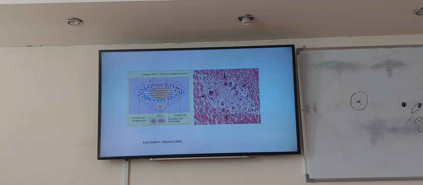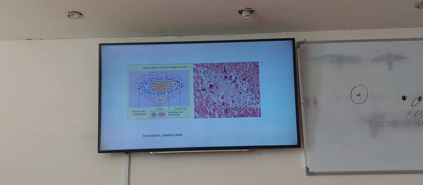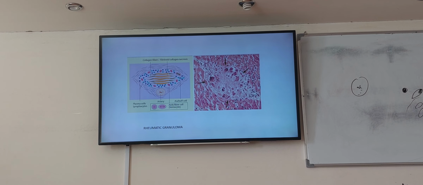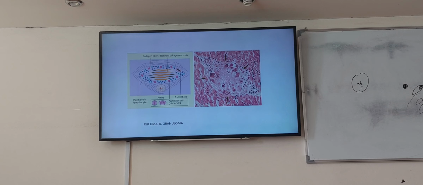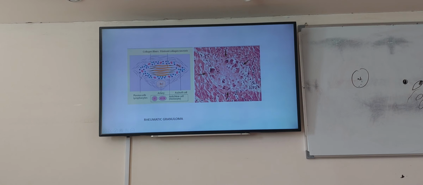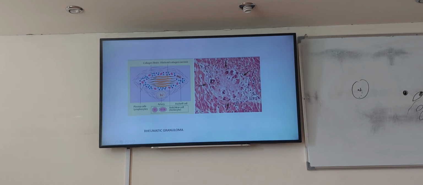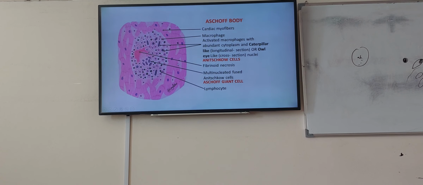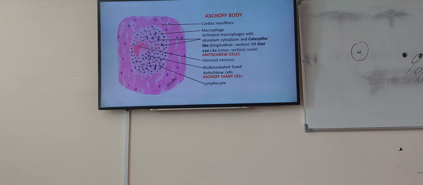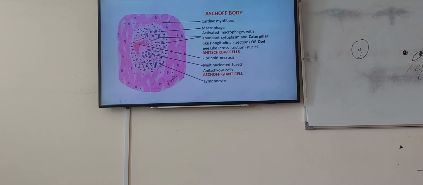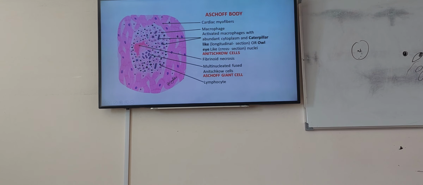And Aschoff nodule is a granuloma. It's a histiocytic granuloma. Someone asks you, what is Aschoff nodule? You tell me this is a histiocytic granuloma. It is composed of central fibrinous necrosis with eosinophilic histiocytes, if you forget the name, Anitschkow cells. They can be mono or multinucleated, fused. I will say fibrinous necrosis, and epithelioid histiocytes activated.